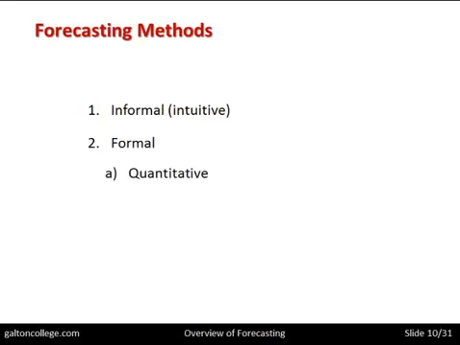Within the formal one we have quantitative: the use of statistics, the use of numbers, picking up quantitative data and working out averages and means and modes and correlation coefficients and regression coefficients and F statistics and T statistics and chi-squares, and it's quantitative.